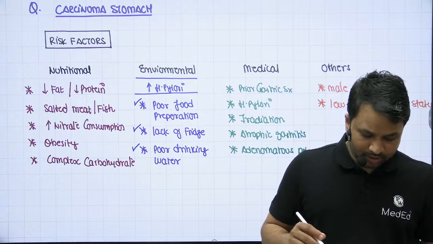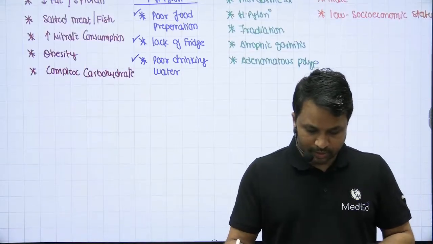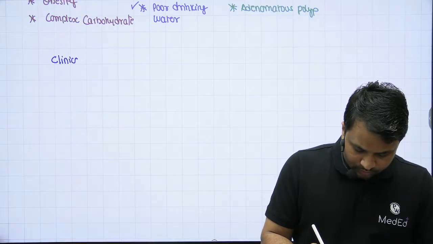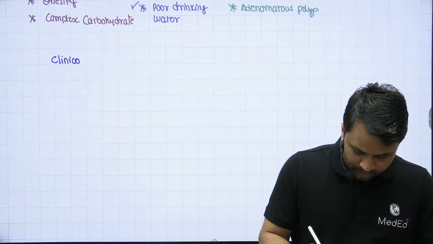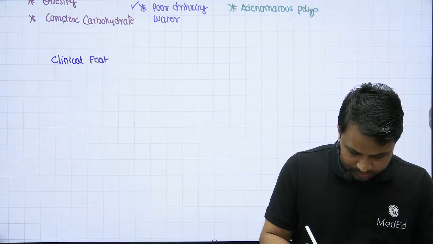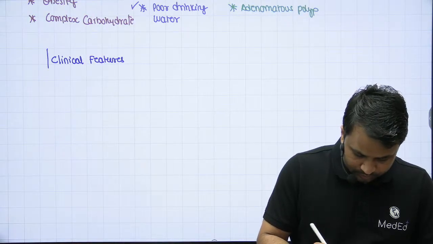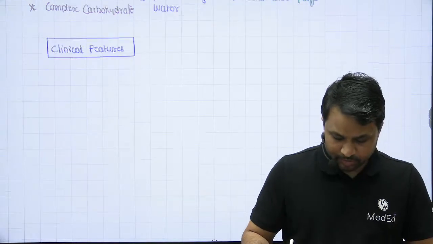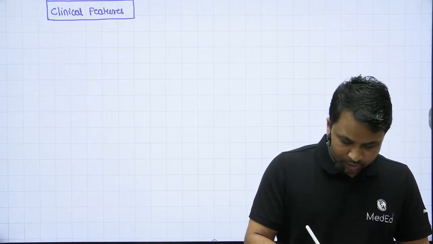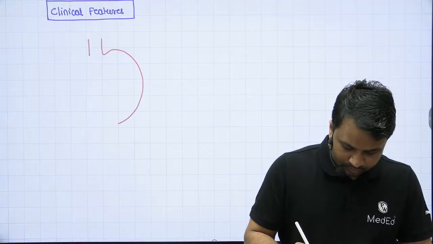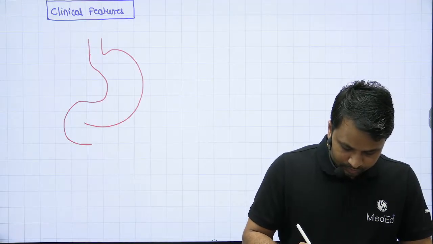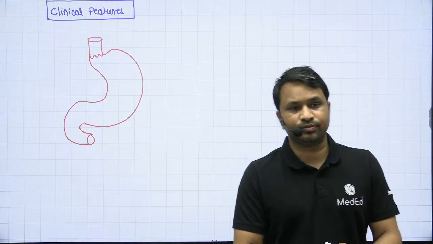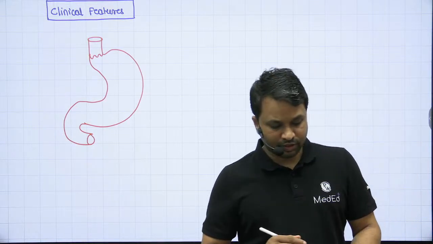Now, when you talk about the carcinoma stomach, let's talk about the clinical features. In terms of clinical features, I'm going to tell you based upon the site. So you can draw the site of the stomach. Let's say this is the esophagus, this is the gastroesophageal junction.